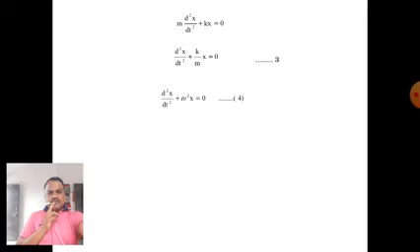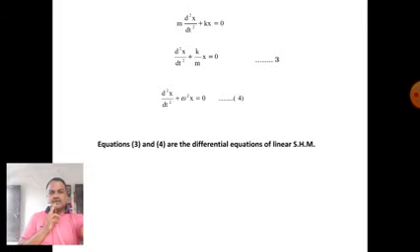So we put k upon m is equal to omega square. The equation arises d2x upon dt square plus omega square x is equal to 0, which we call equation 4. So equation 3 and equation 4 are the expressions for the differential equation of a linear SHM.